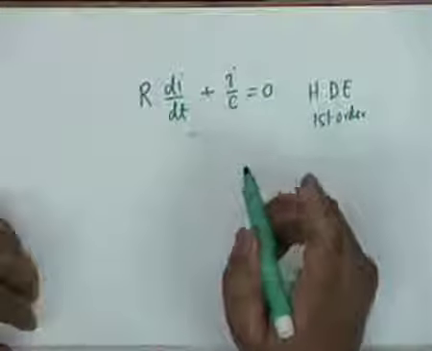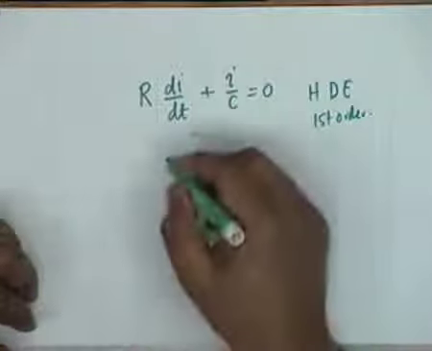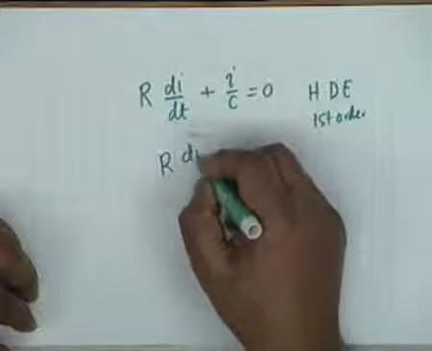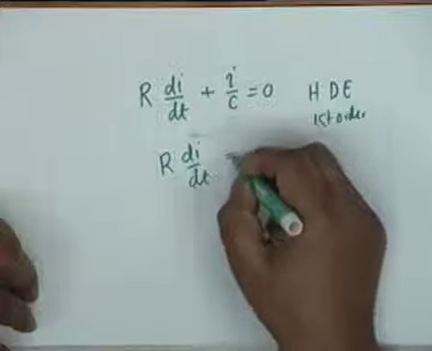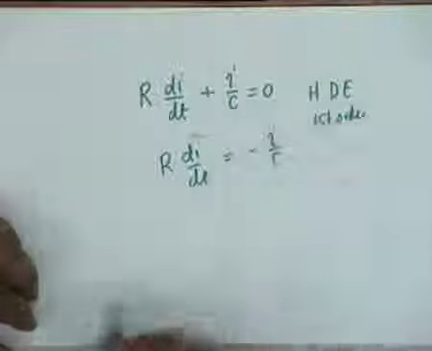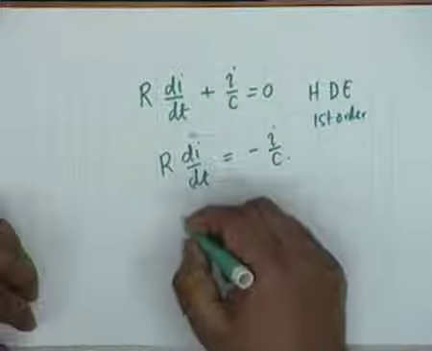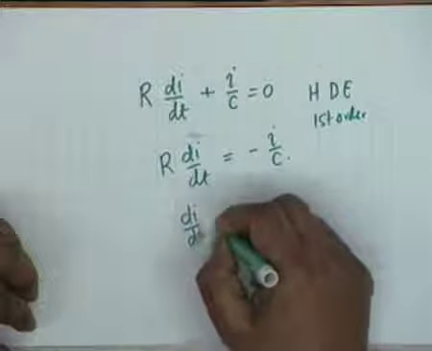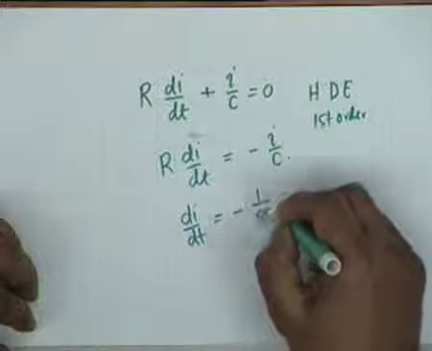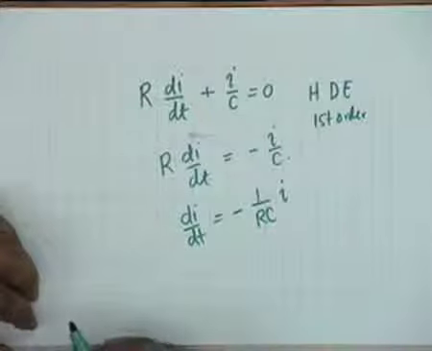We argue that any solution to this differential equation has to satisfy this: di/dt equal to minus I by C. Any solution has to satisfy this, which means that di/dt shall be equal to minus 1 by RC times I. Alright.